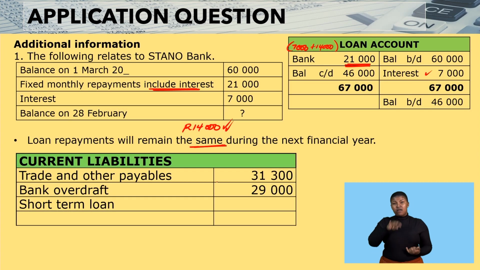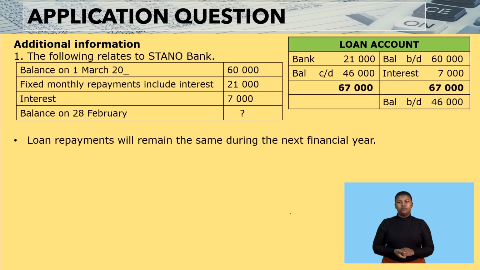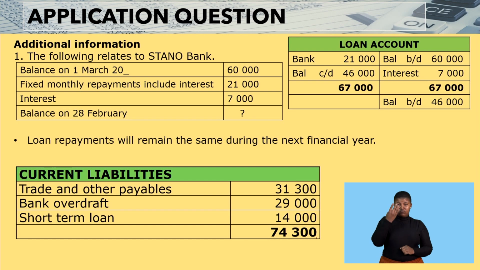So I'll say my short-term loan, the part of the loan that I'll pay within the next 12 months, is 14,000. That becomes my short-term loan. There it is, 14,000. I can then total my current liabilities and I end up with 74,300.